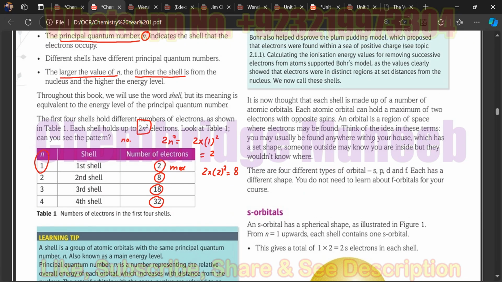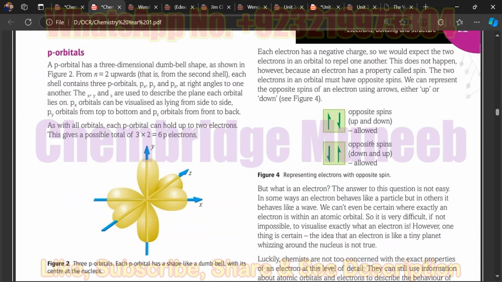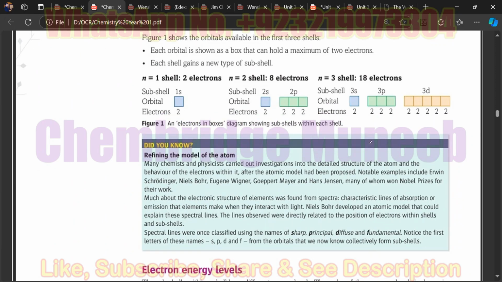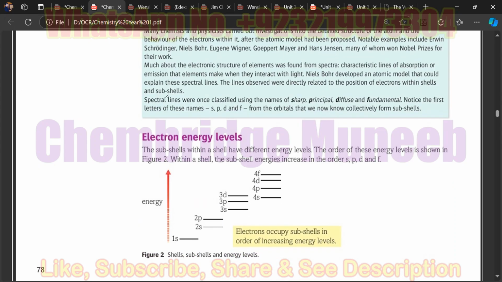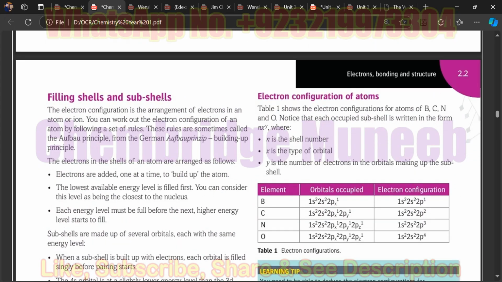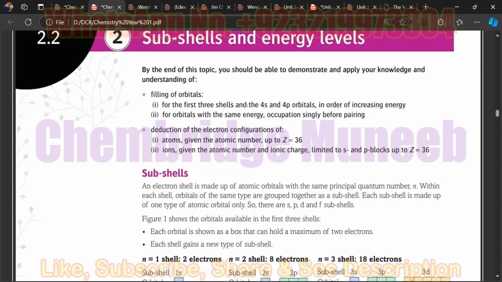Now we have 4 different subshells here, and they are mentioned here. Do you know the names of the subshells?